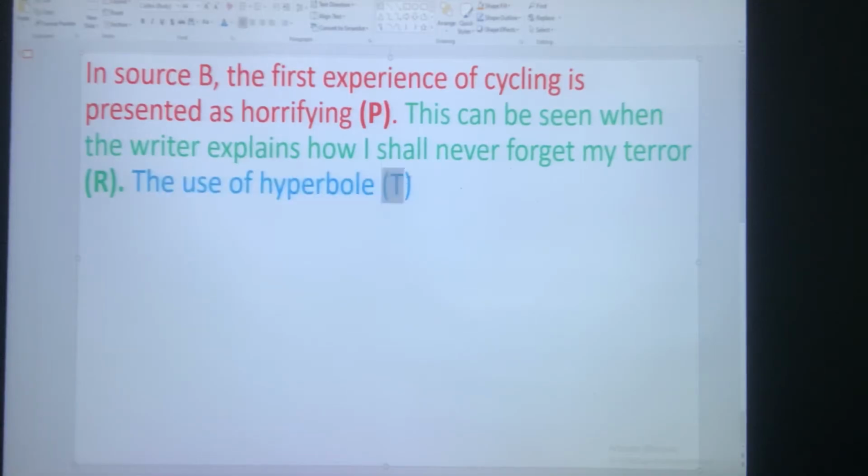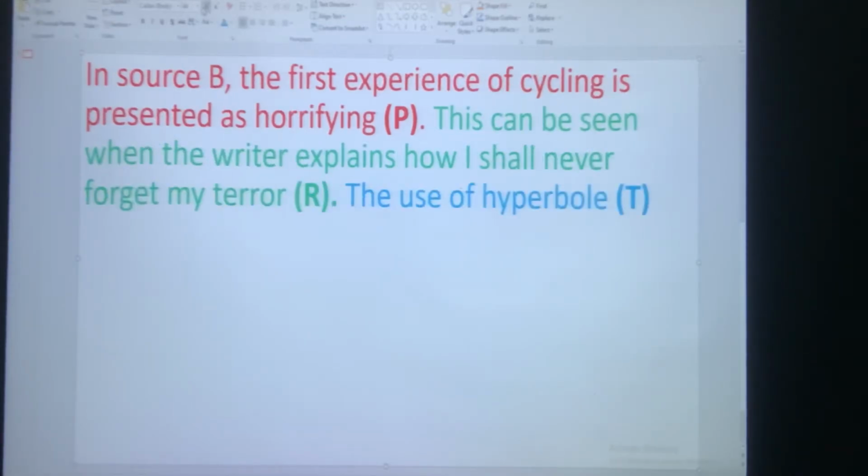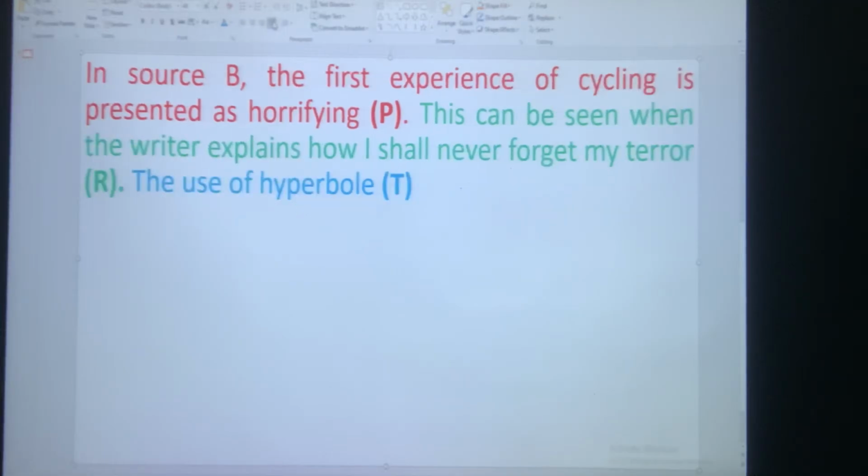So guys, the P, the R, and the T of my paragraph is now complete. Now I hope you can see, guys, that this part of my paragraph isn't the important part. This is setting me up for the important part, and this is the explanation.